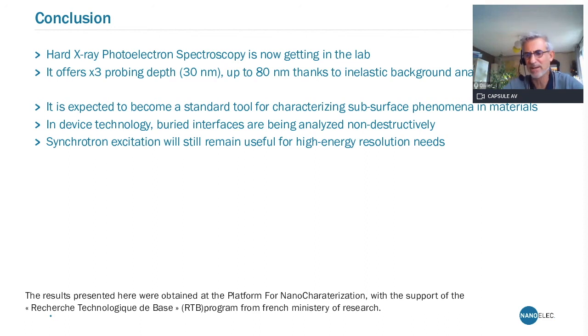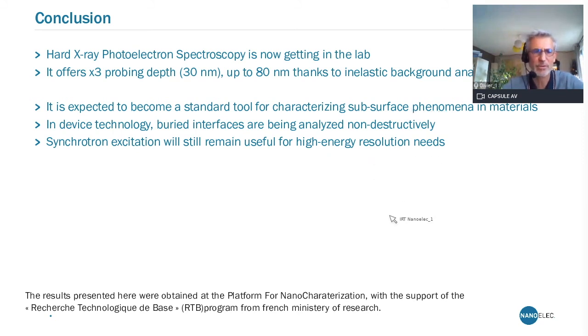It is actually the big brother of a commercial spectrometer installed at ST Microelectronics. So we can have a common sample pattern. We can do collaborative work very easily. This spectrometer offers probing depths up to 30 nanometers and up to 80 nanometers thanks to inelastic background analysis.